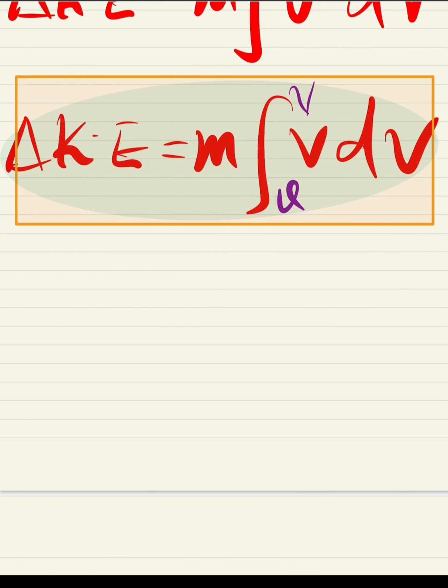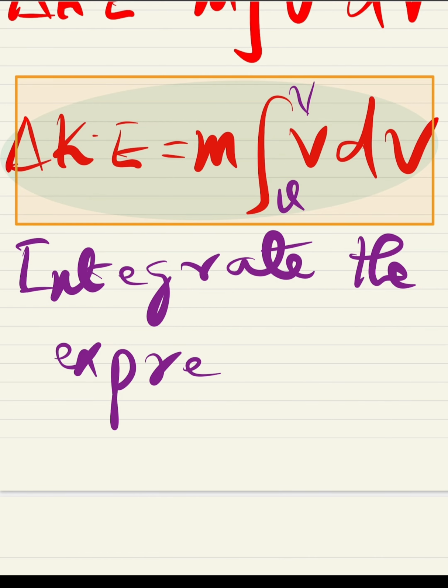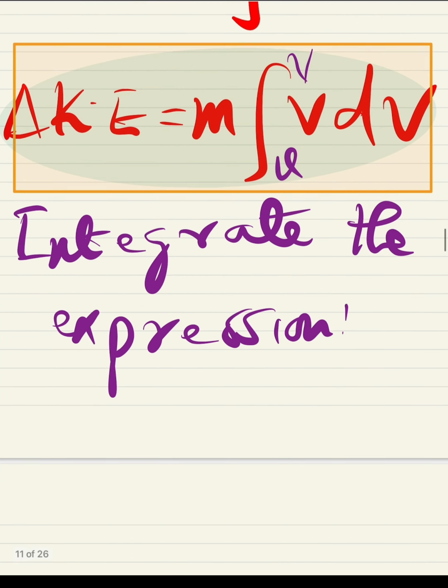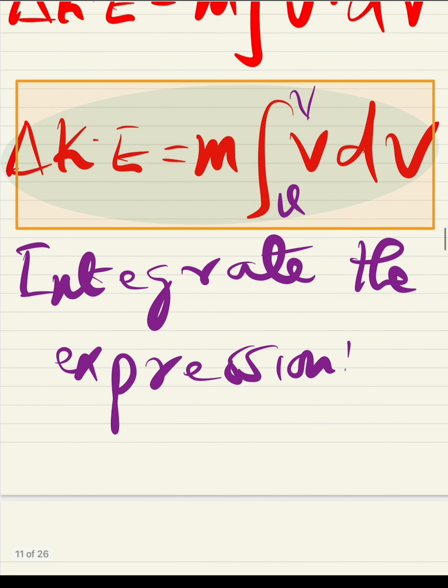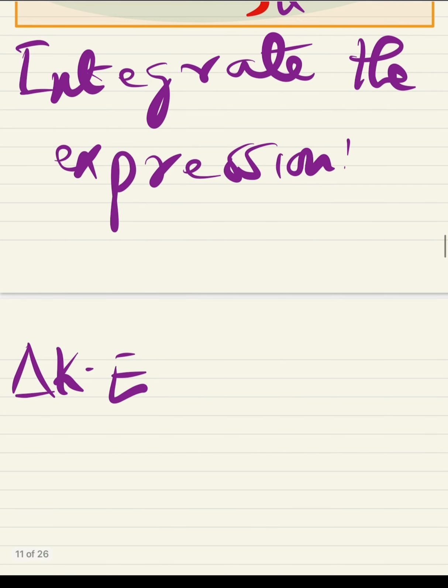When you are done, you put the upper limit, you put the lower limit. If you integrate that particular expression, you are going to have change in KE. We are still going to have change because now we are integrating with upper limit and lower limit. So we are going to substitute.